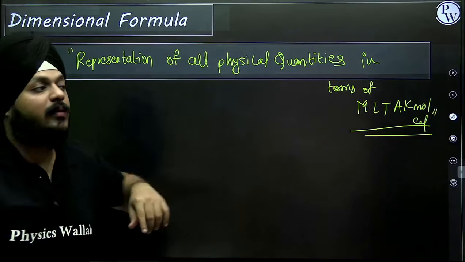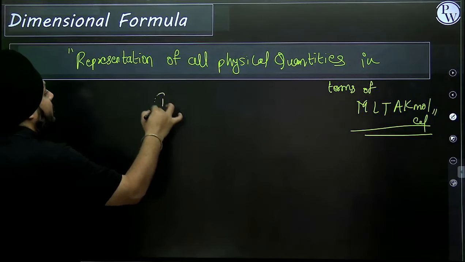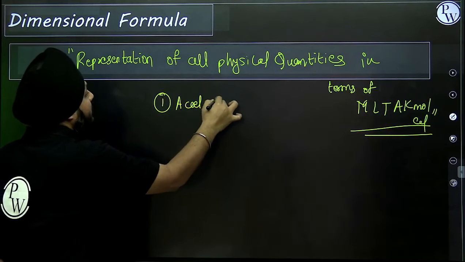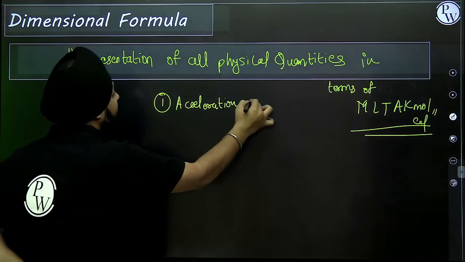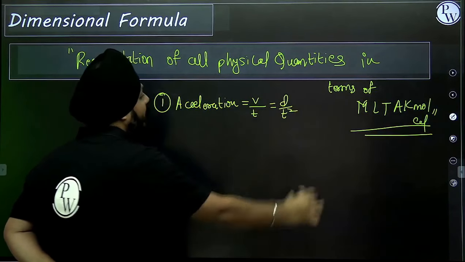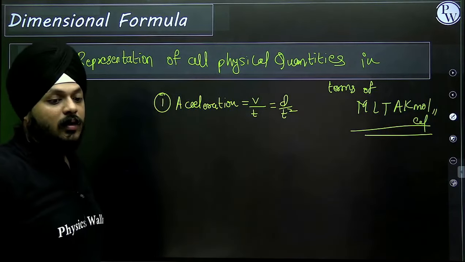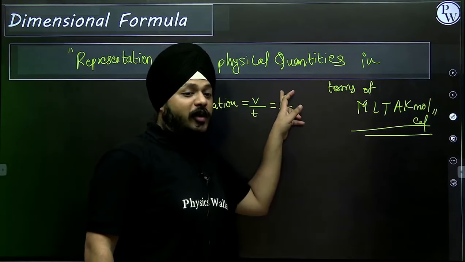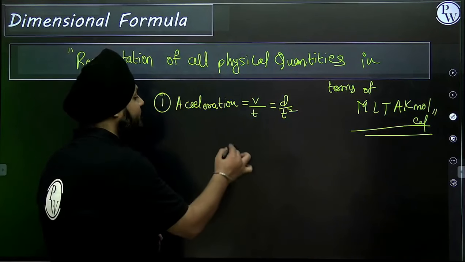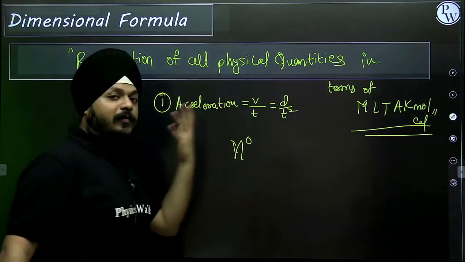Now let us take an example for that first: acceleration. Acceleration is defined as velocity by time, and that is distance by time square. What notation are we using for distance? Distance is a kind of length, so we use L. Mass is not present, so the power of M will be 0.